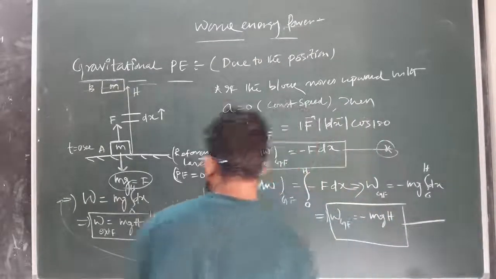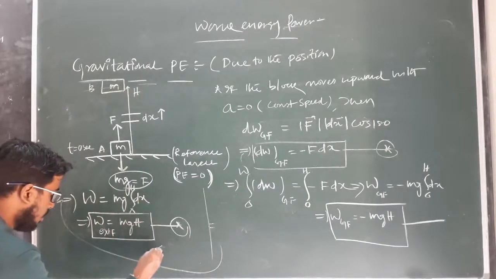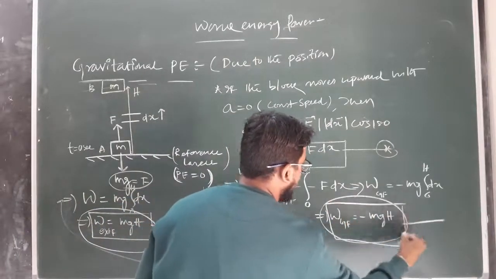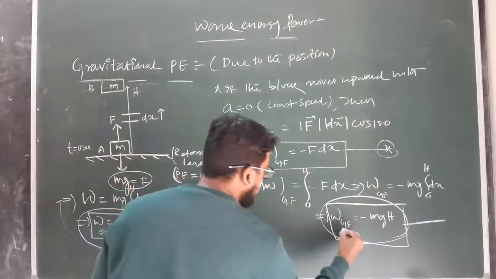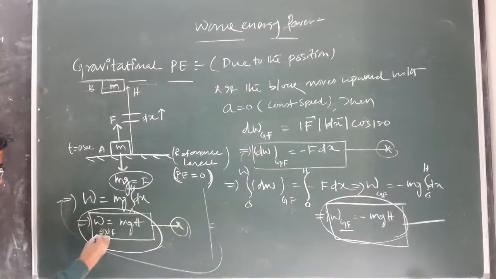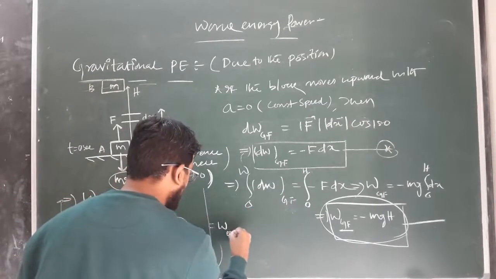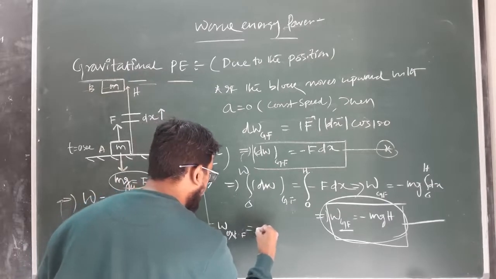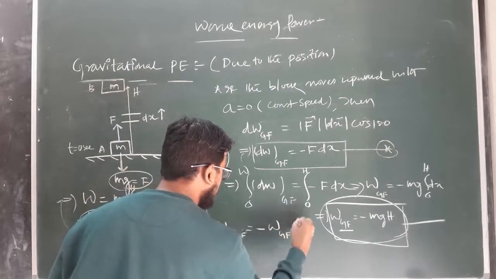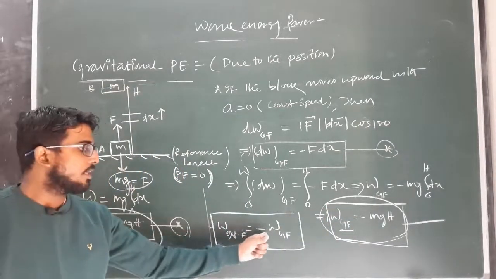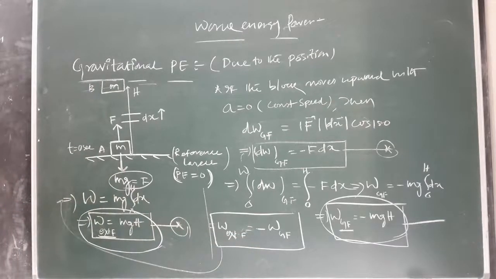Clear? So from these two relations, the work done by the external force is equal to mgh and the work done by the gravitational force is equal to minus mgh. Where the gravitational force is a conservative force and the external force is not a conservative force. So we can write that the work done by the external force is equal to the negative of the work done by the gravitational force, and this amount of work done is stored within the body as gravitational potential energy. Clear?